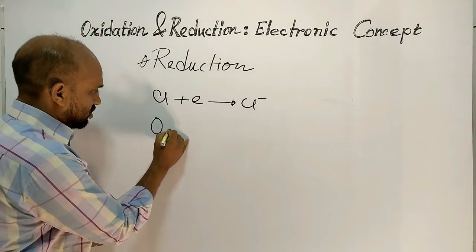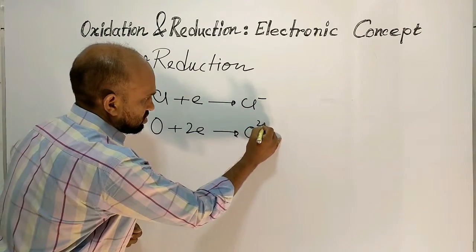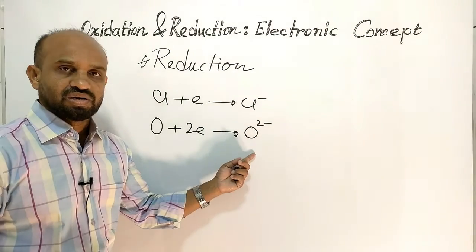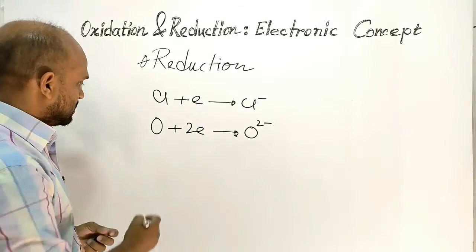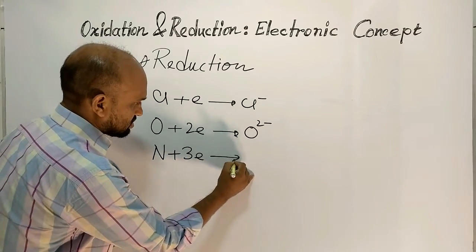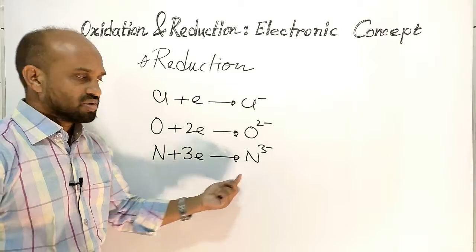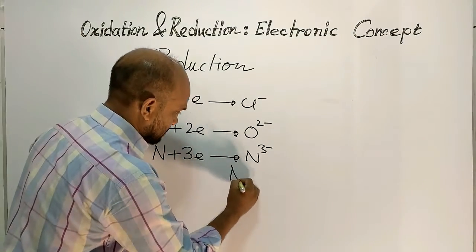Similarly, oxygen gains 2 electrons and oxygen 2 minus ion is formed. Again, nitrogen gains 3 electrons and nitride ion is formed. This is nitride ion.